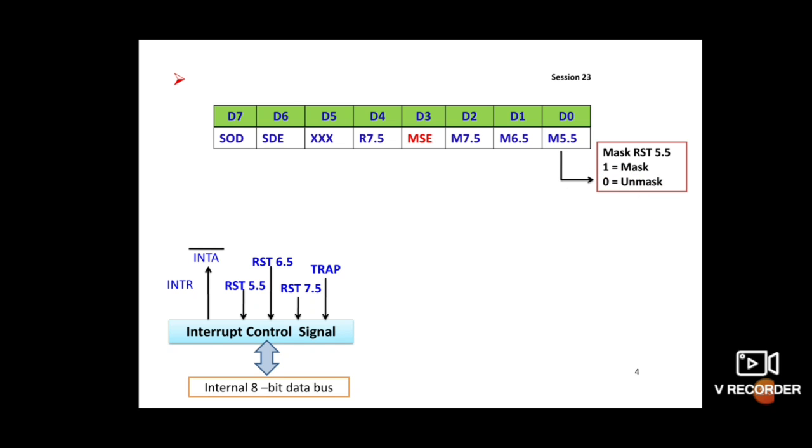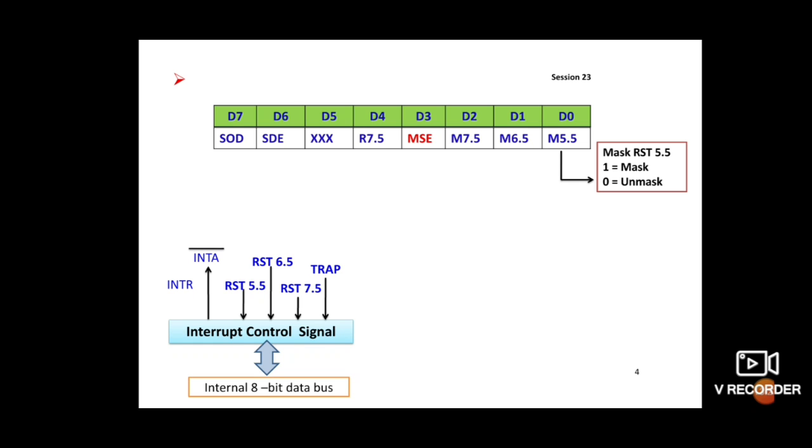If at the D0 position 1 is there, then it is masked, meaning it is blocked. Suppose this interrupt is sent to the processor, the microprocessor can't accept it because we stored 1. 1 means mask and mask means block. So the microprocessor cannot accept this interrupt.